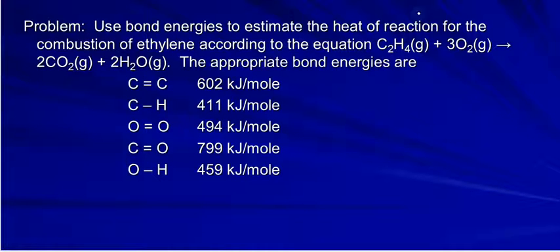Before we go any further, we need to know the bonds in these compounds. So we need to draw the Lewis structures for all of these compounds, so we know what bonds are present. C2H4 looks like this. It's got a double bond between the carbons and then 4 carbon-hydrogen single bonds.